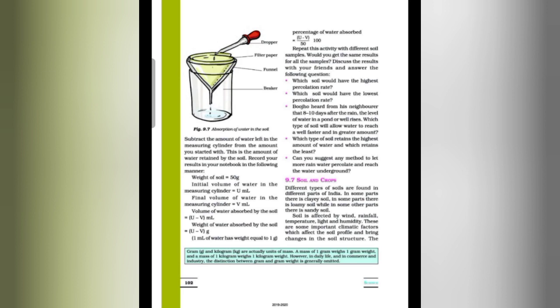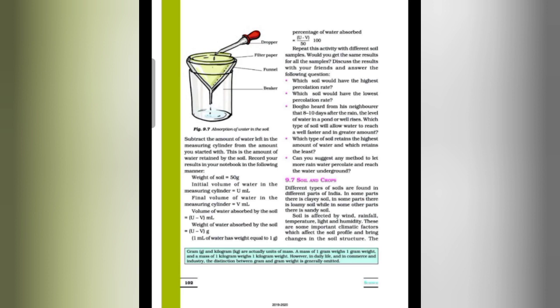Suppose the weight of soil taken is 50 gram, the volume of water poured in each funnel is 50 ml, and the volume of water collected in the cylinder we can take as x ml. So the volume of water absorbed by the soil is 50 minus x ml, and the weight of water absorbed by the soil, in gram, since 1 ml of water has weight equal to 1 gram, we can write as 50 minus x gram.